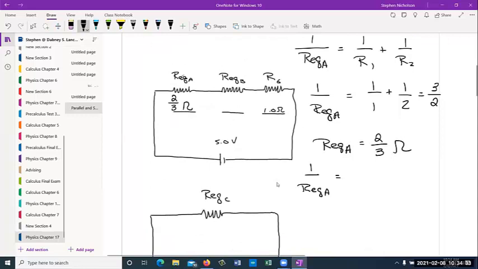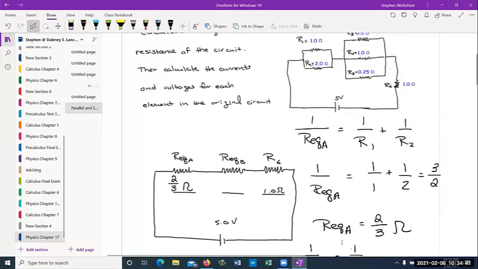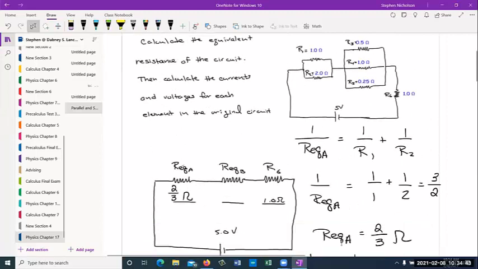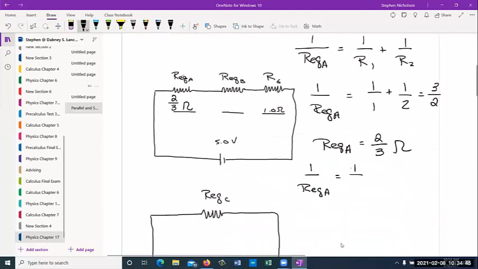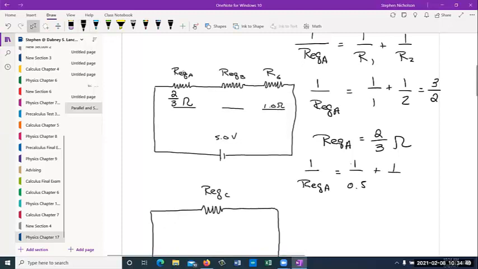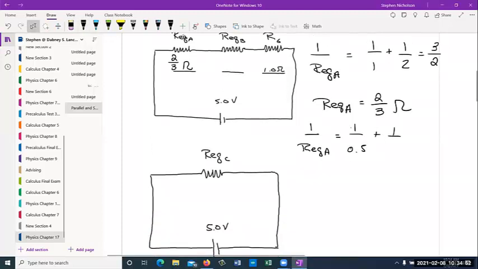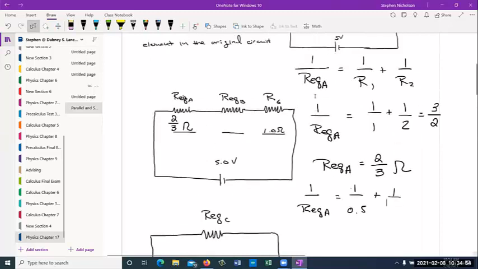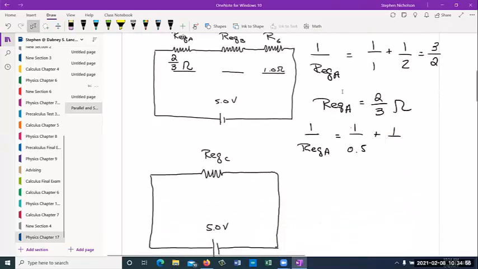So, you know, it's going to be 1 over, what was it here? 0.5, is that right? 0.5 ohms, yeah. So it's 1 over 0.5 plus 1 over, my memory's terrible here, 1 over 1, and then 1 over 0.25.